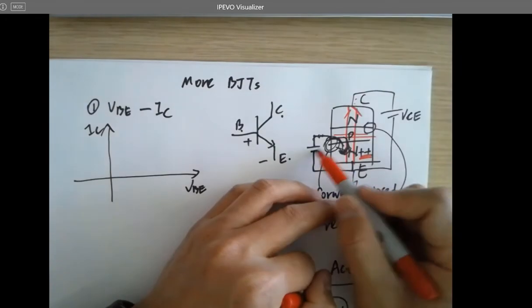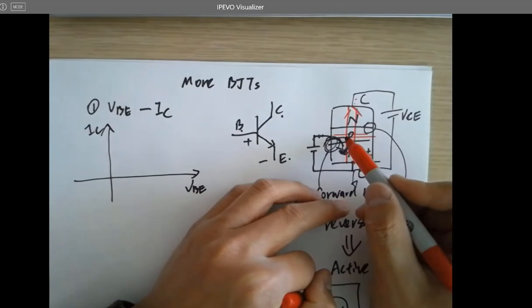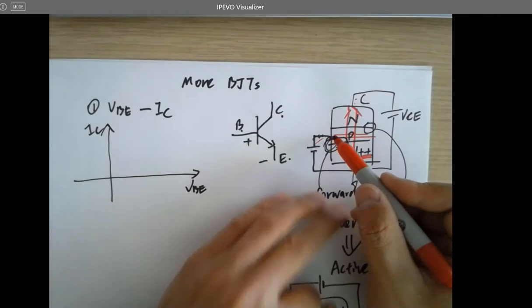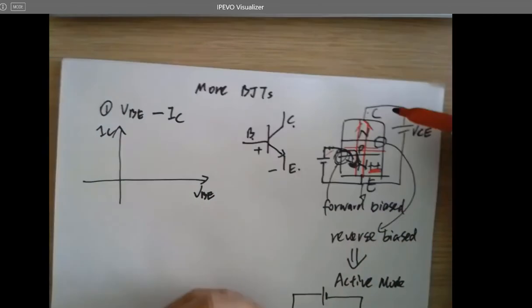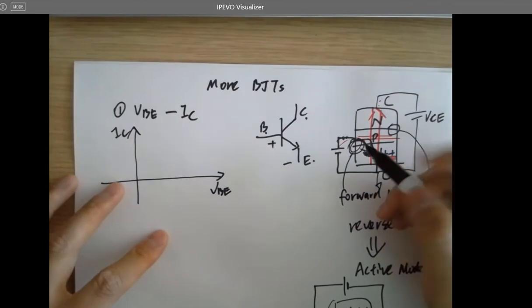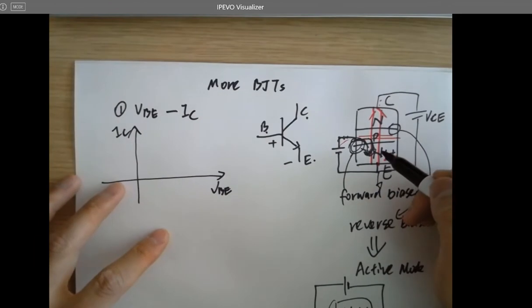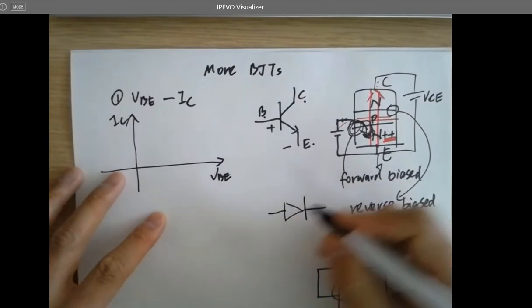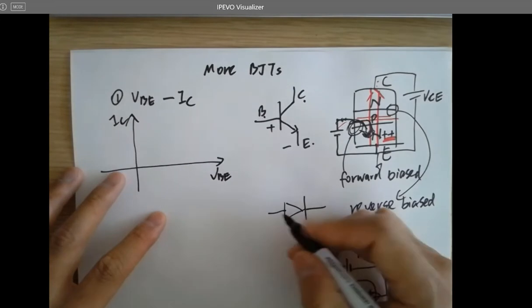But you have to turn it on first. Have to turn on this base voltage first. You need a VBE first to make this happen. But if you turn it on, remember in a diode, we normally do not discuss the details of the voltage change of this diode.